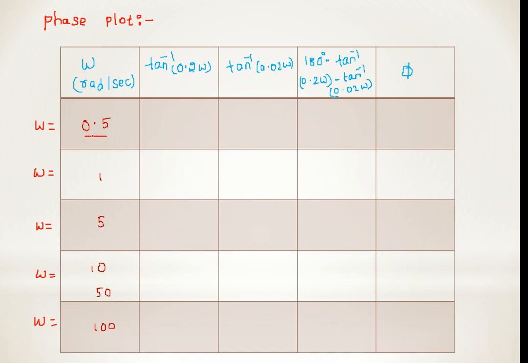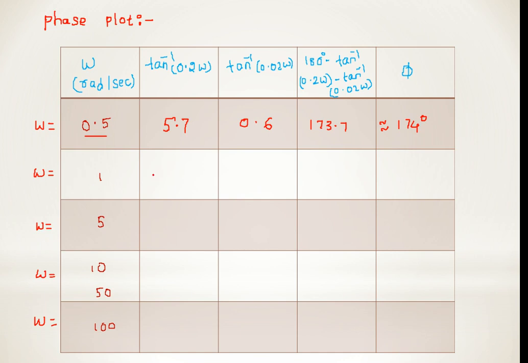Then tan inverse of 0.2 omega becomes 5.7. Put the calculator in degrees. Tan inverse of 0.02 omega becomes 0.6. And 180 minus tan inverse of 0.2 omega minus tan inverse of 0.02 omega becomes 173.7. This is approximated to 174.